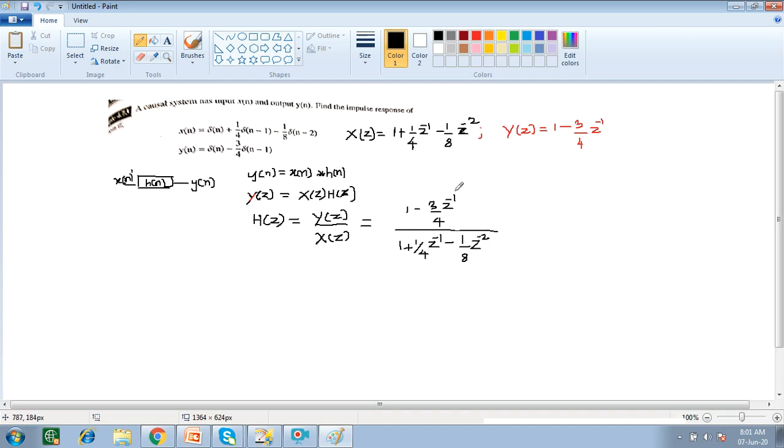Now as the numerator's power is lesser than that of the denominator's power, no problem, we can go ahead with the partial fractions. First we need to factorize and get the roots of this equation.